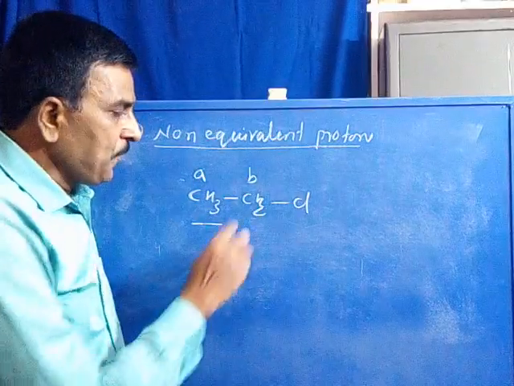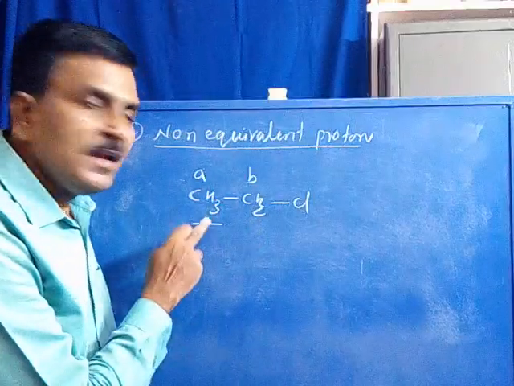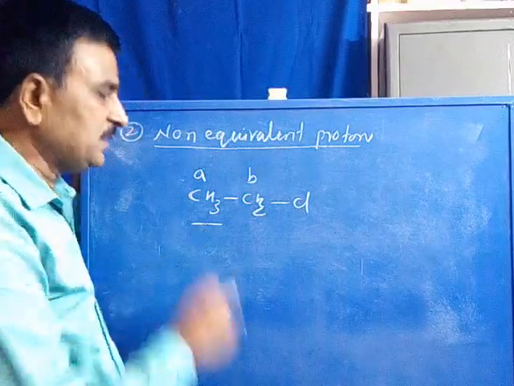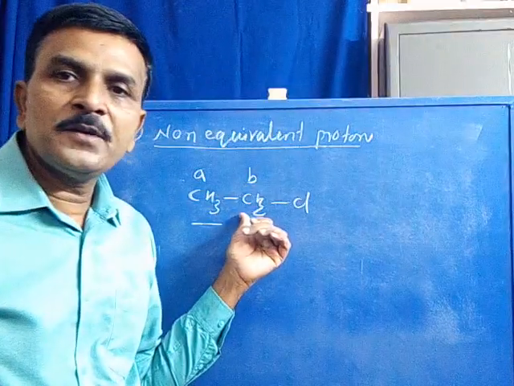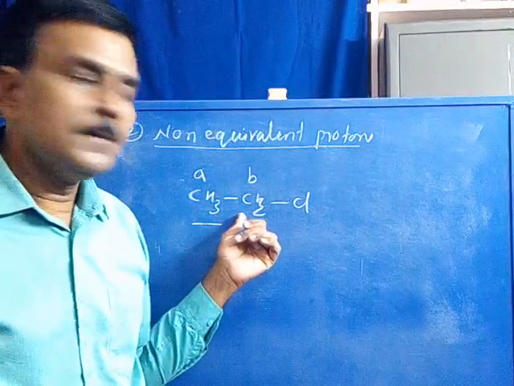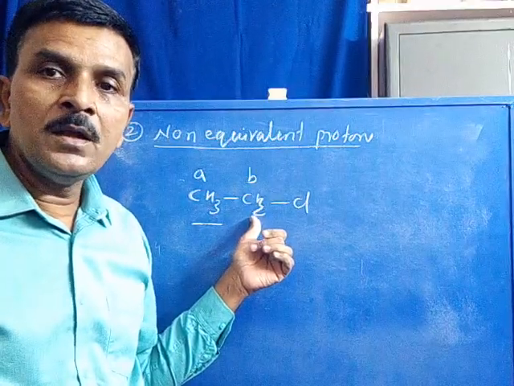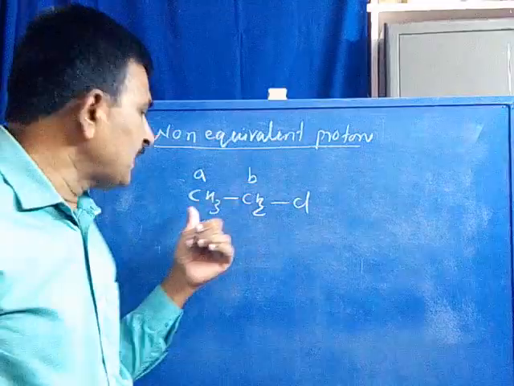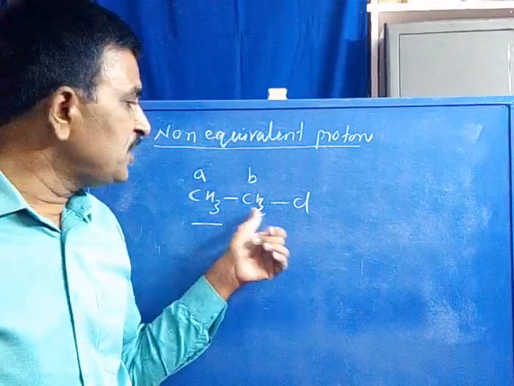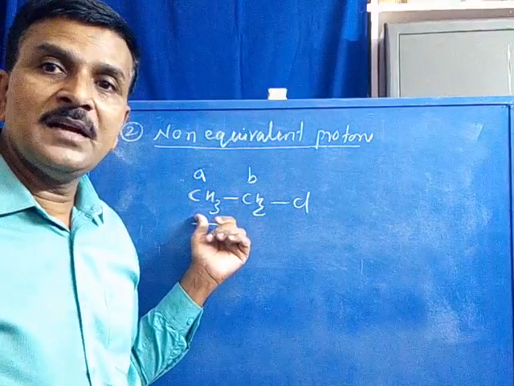But the CH2 protons differ from the CH3 protons with respect to magnetic environment and chemical environment. That is, the magnetic field produced by CH2 protons is different from the magnetic field produced by CH3 protons, as these two sets of protons differ with respect to electron density.